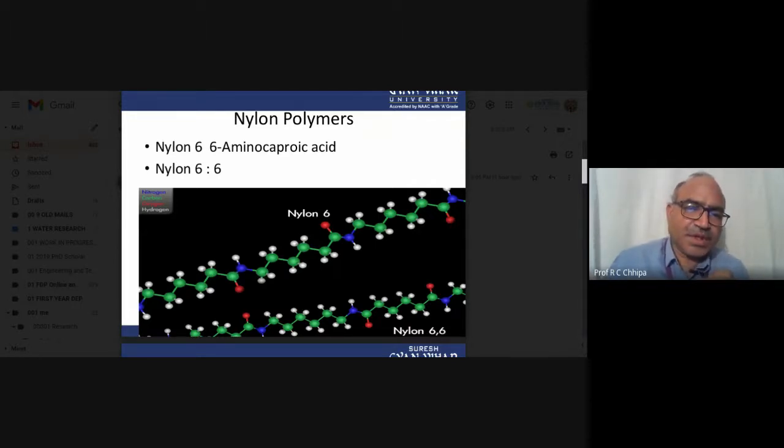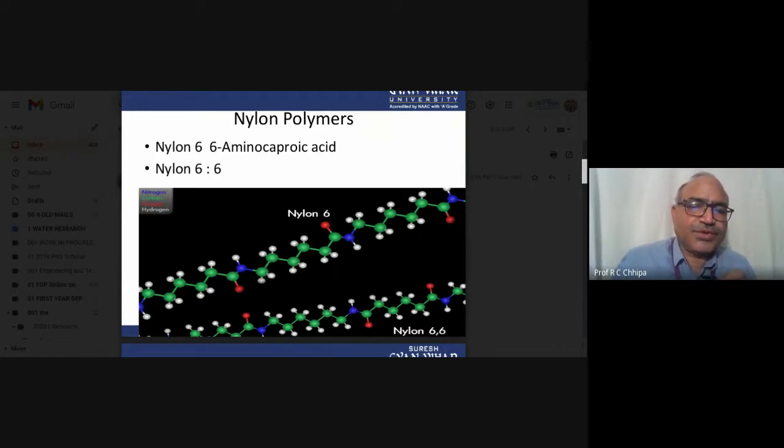part is the amine and nitrogen. So nitrogen and hydrogen, the trivalent nitrogen, and red is the double bond oxygen. So carbon double bond oxygen, and in the blue shade we have the nitrogen and hydrogen.